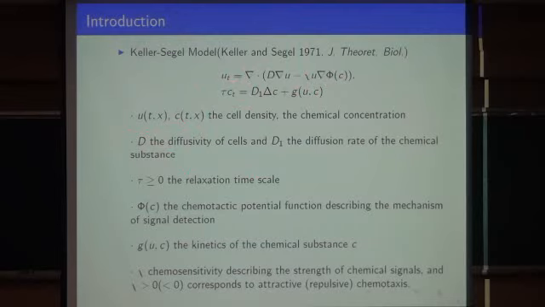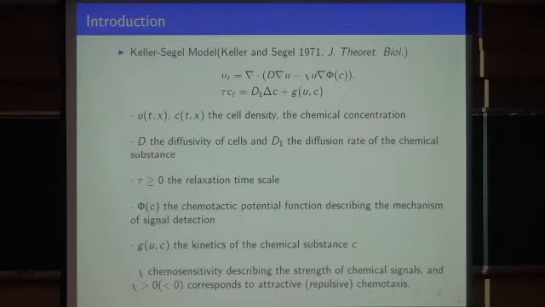One is the cell density. The other is the chemical concentration. And as you can see, there are several functions here. There is the chemotaxis potential function, and if this is different, then you have a different equation describing different phenomena.